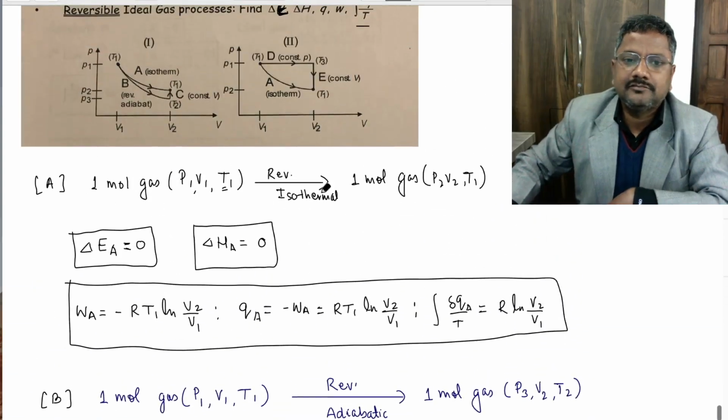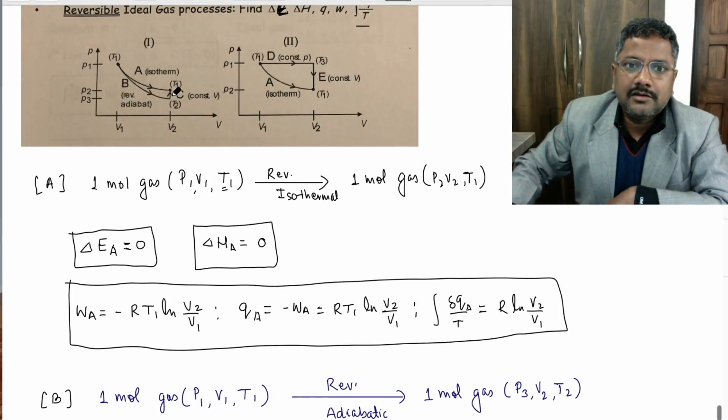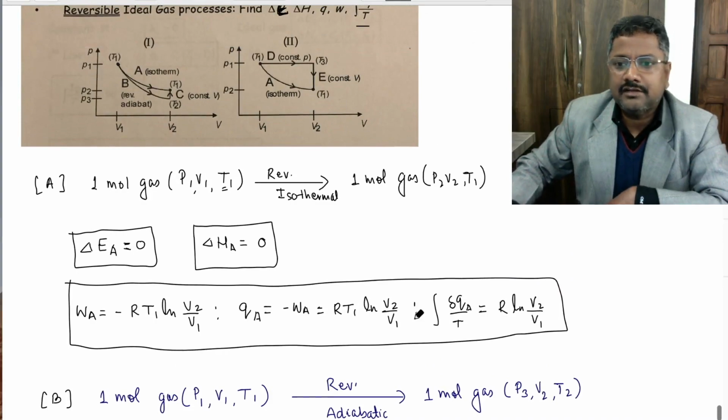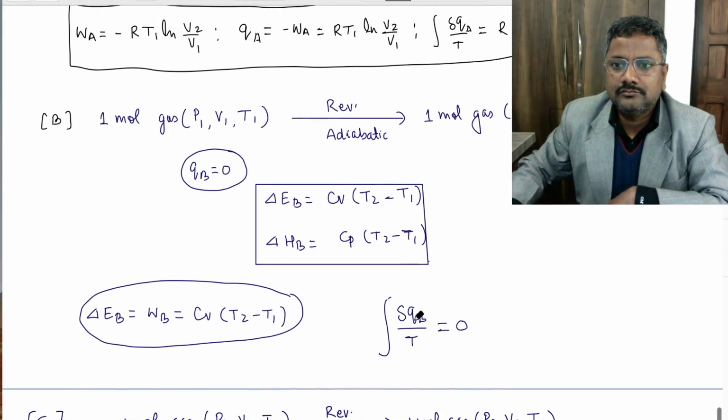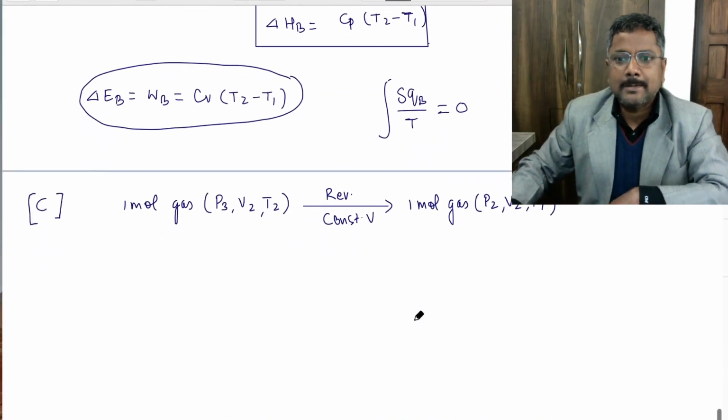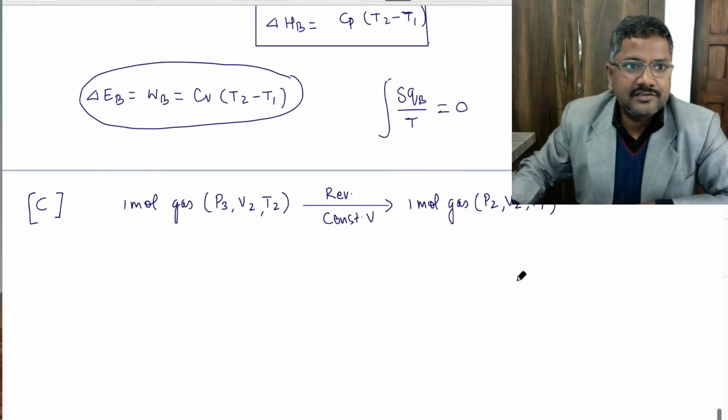See, this is isochoric, V2 and P2 and T1. So this is the path C.